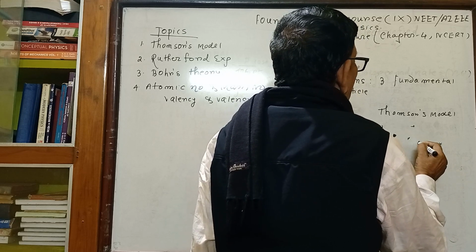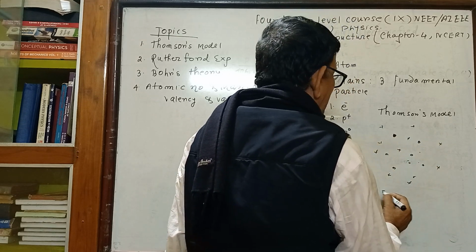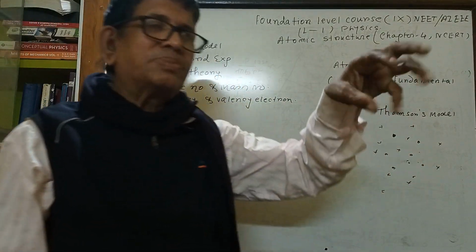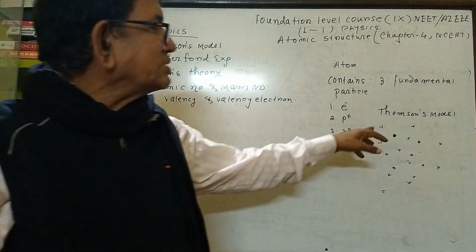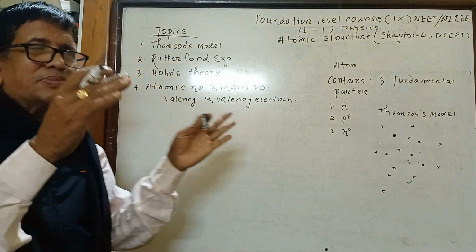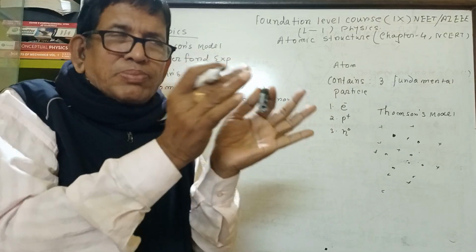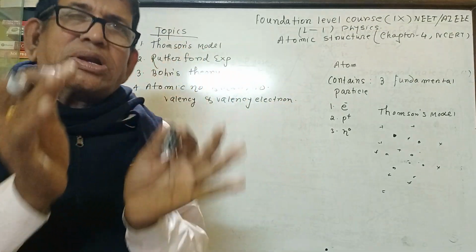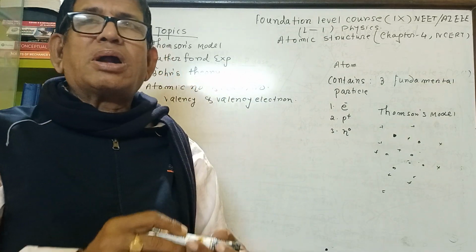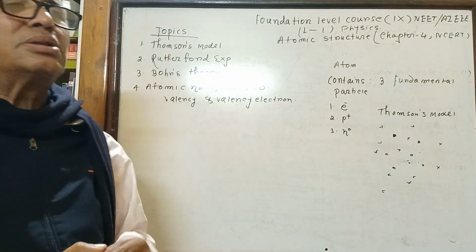All the negatives are distributed equally in such a way that total positive charge equals total negative charge. That means these negative electrons are spread over the pudding. Or you may imagine a positive cloud or positive ocean, like the edible red part of a watermelon, and the black seeds are the electrons.